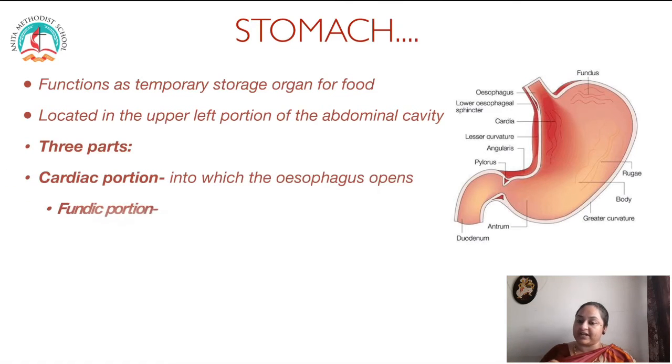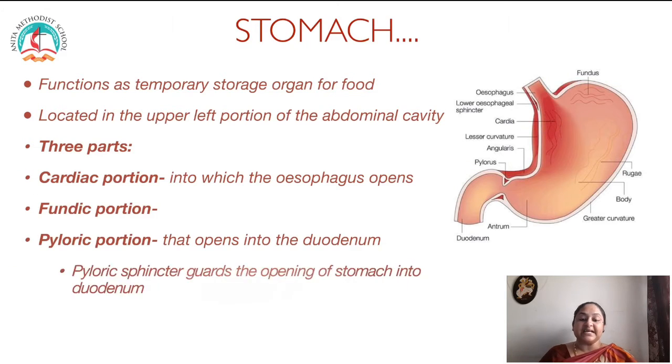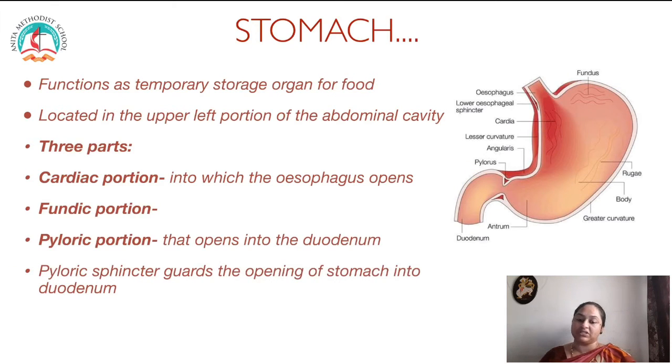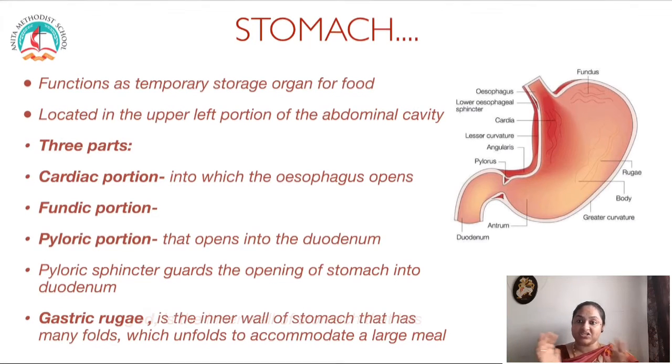Then we have the fundic portion, as you see in the picture. Then the pyloric portion that opens into the duodenum. The pyloric sphincter guards the opening of the stomach into the duodenum. The gastric inner wall of the stomach has many folds, which unfold to accommodate a large meal when you eat more.